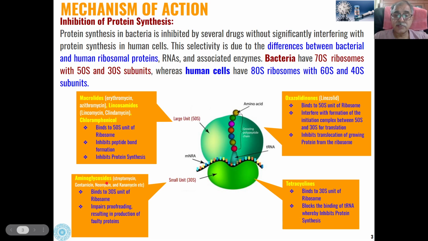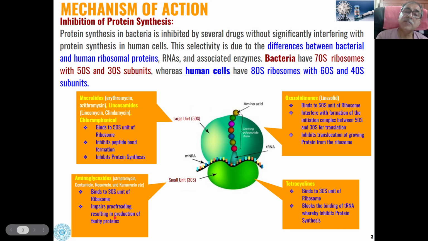Similarly, the commonly used aminoglycosides are streptomycin, gentamicin, neomycin, and kanamycin. All of these act in a similar way; the mechanism of action of all these aminoglycosides is similar. They bind to the 30S subunit of the ribosome and impair the proofreading, and this results in the production of faulty protein.